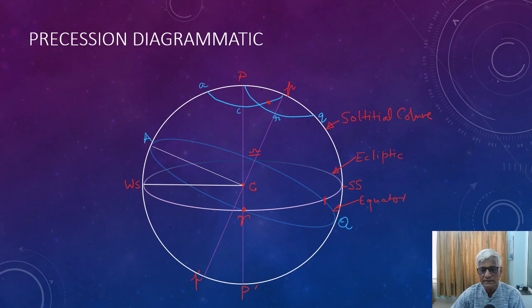For each new position of the pole, the solstitial colure will keep moving westwards slowly, which is imperceptible to us in our human life because it moves by around a degree only in around 70 years or so.